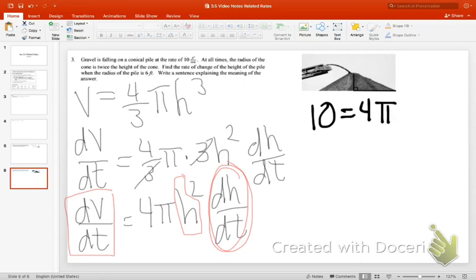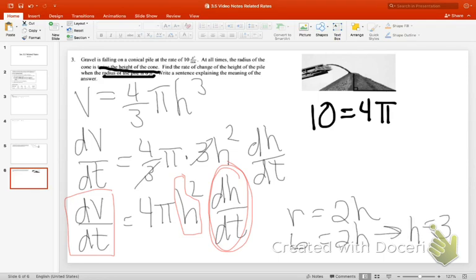Now, we weren't given h explicitly in this problem. All we were given is that the radius is 6. But we also know that at all times the radius is twice the height of the cone. So we can use that to solve for h: 6 equals 2h, so h will be 3.